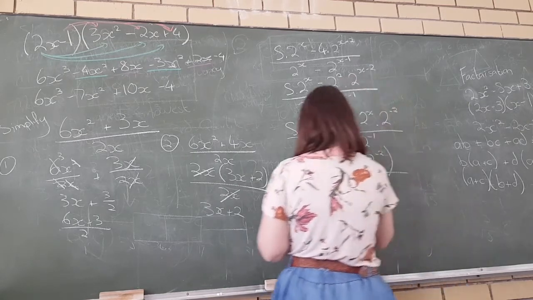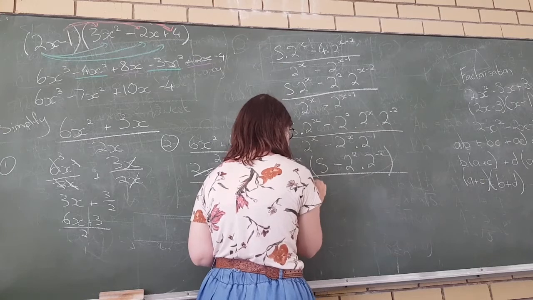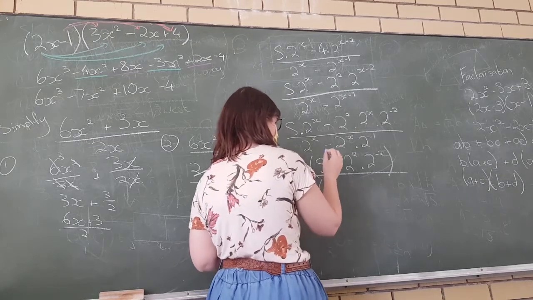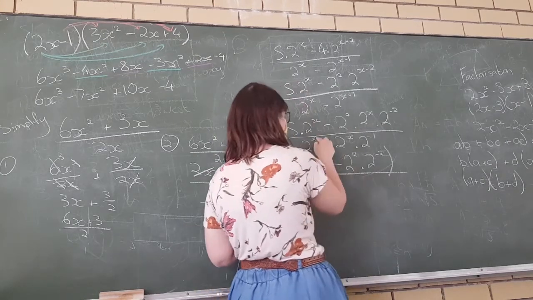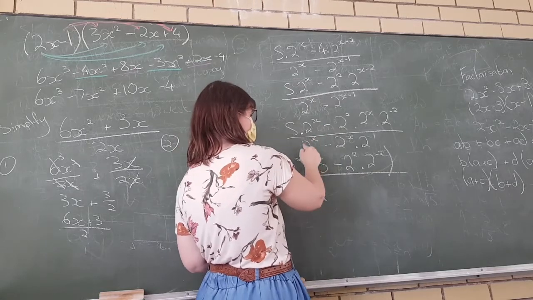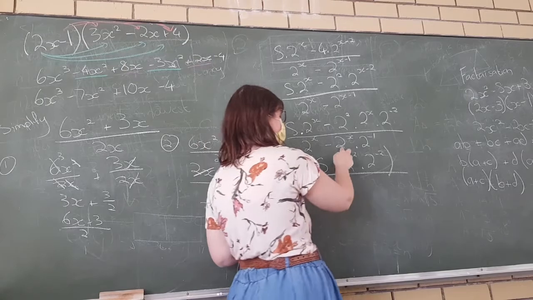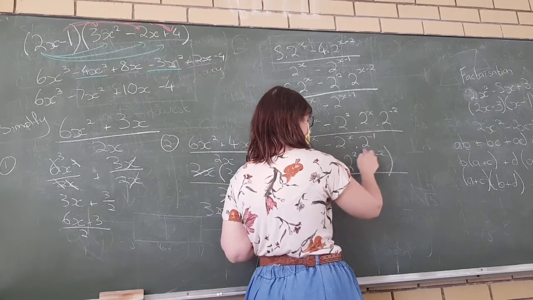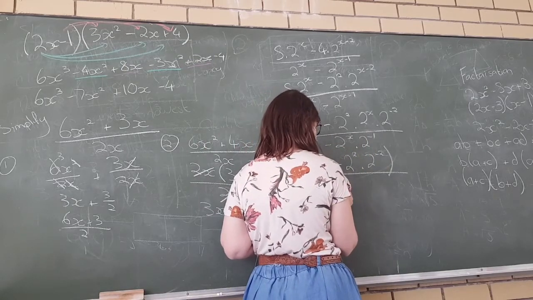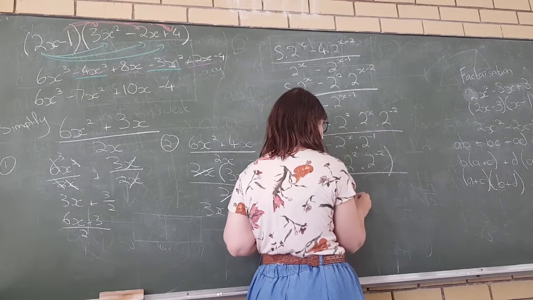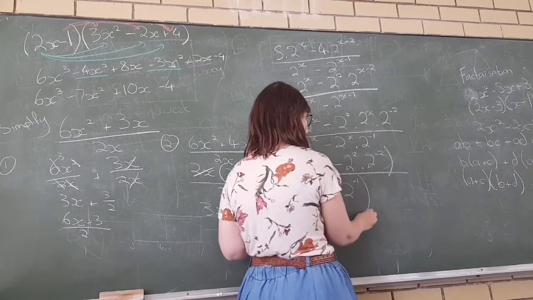All over, I'm going to take 2 to the power of x out. What's left? 1. And if I take 2 to the power of x out of this one, what's left? 2 to the power of minus 1.